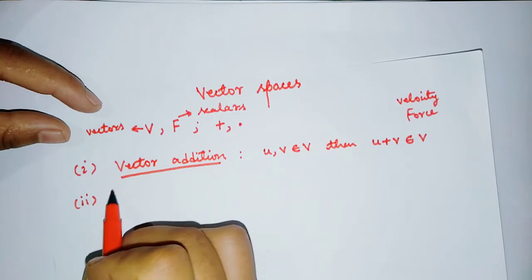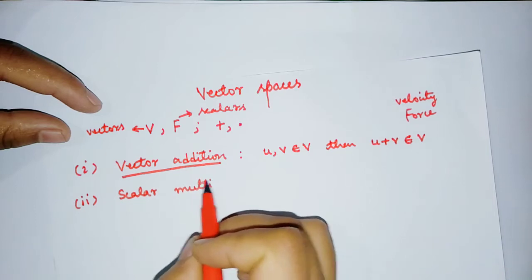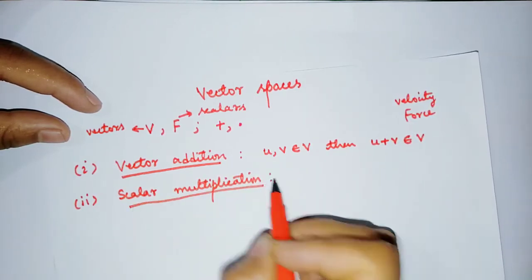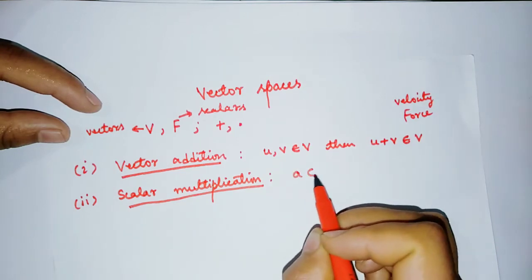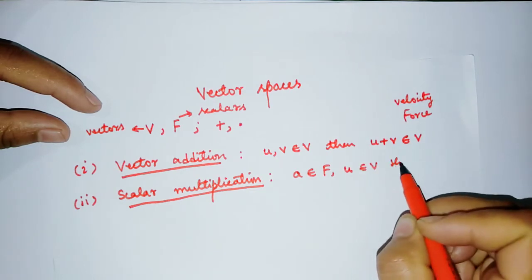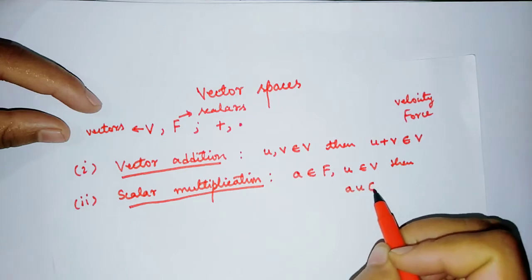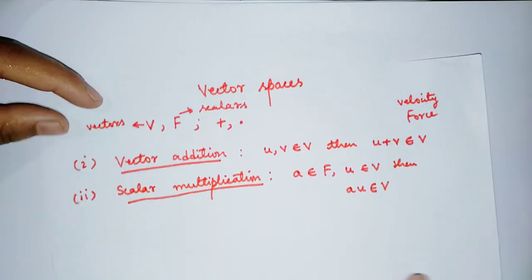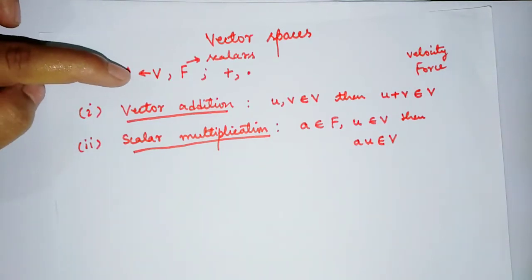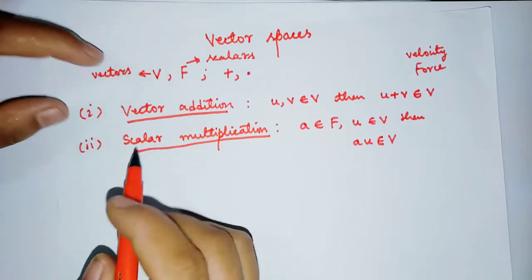The second one, we have the scalar multiplication. We take any scalar a from F and a vector u from V. Then, if we multiply a with u, this should belong to V. So, under what conditions will V be called a vector space over a field F?